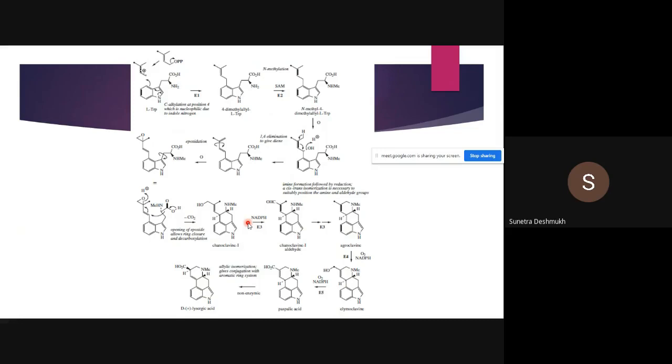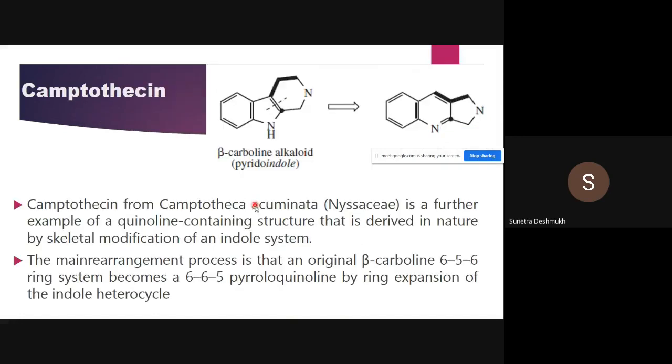NADPH is a biologically active coenzyme, and that one is normally used for reduction. You can see here the aldehyde group got reduced to the alcohol. So like that, just go through this whole pathway. For extra reading, we can take help of the Dewick book that I have already submitted to you.